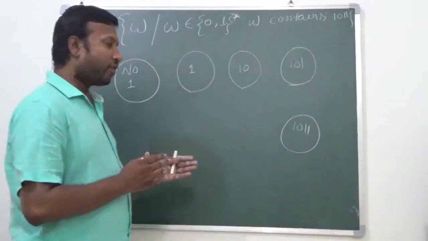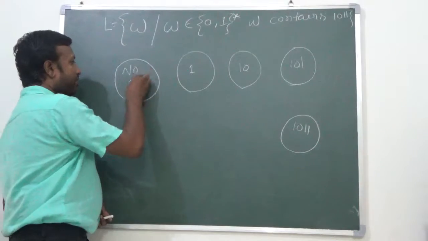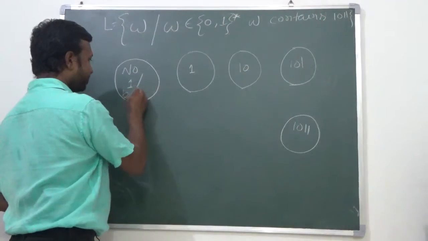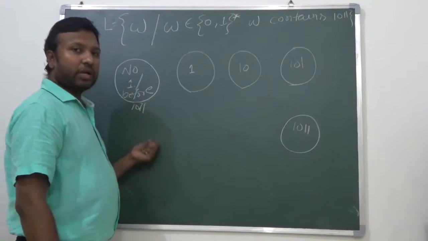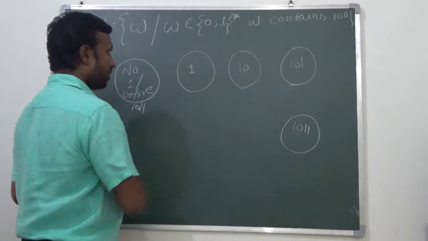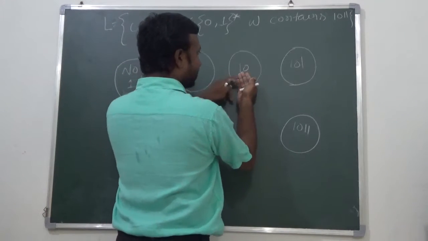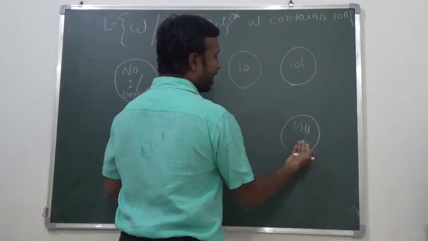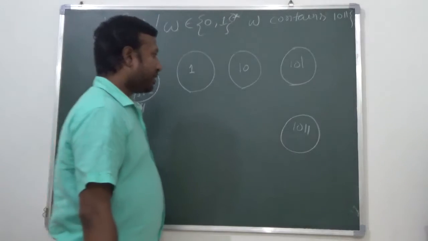Something we have seen before 1, 0, 1, 1, that might be one logic, right? Then if you are getting a 1, it is a chance to build up 1, 0, then a chance to build up 1, 0, 1, and finally there is a chance to build up 1, 0, 1, 1, right?